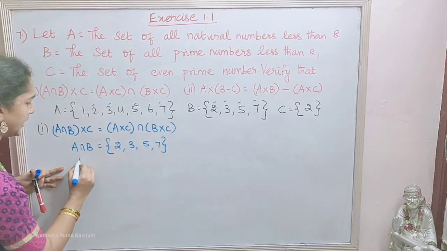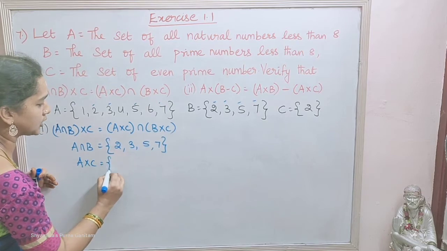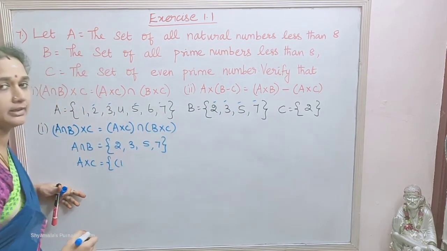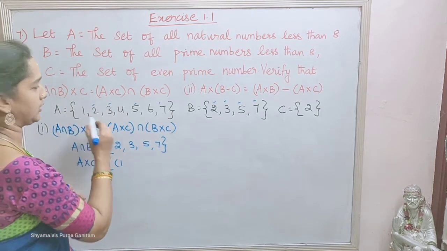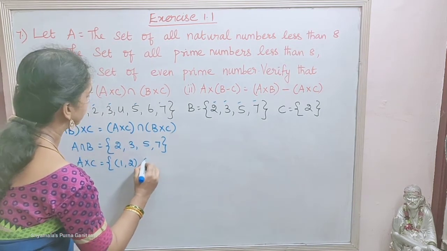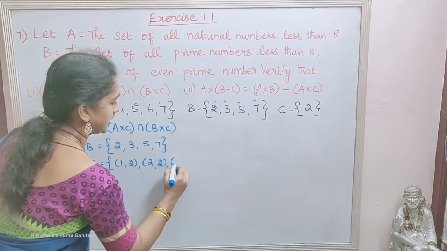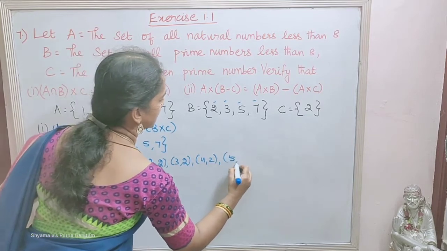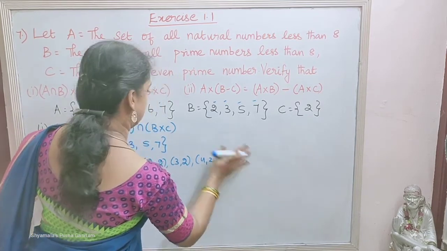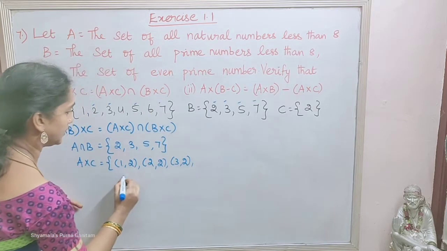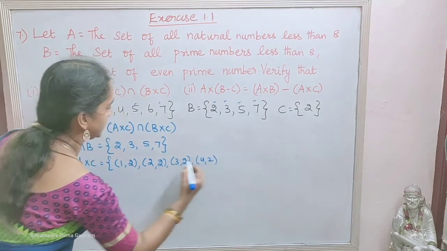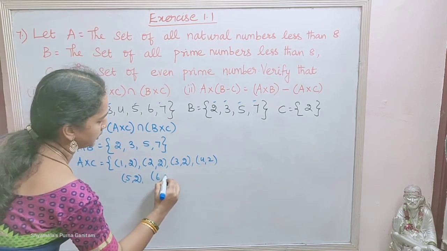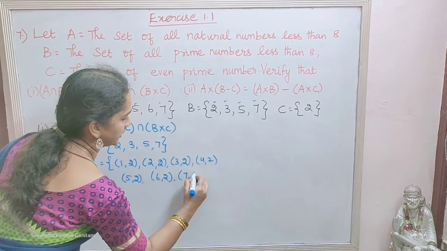Then A cross C, that is A and C. We have to write it in ordered pairs, the Cartesian product. So (1, 2), (2, 2), (3, 2), (4, 2), (5, 2), (6, 2) and (7, 2).